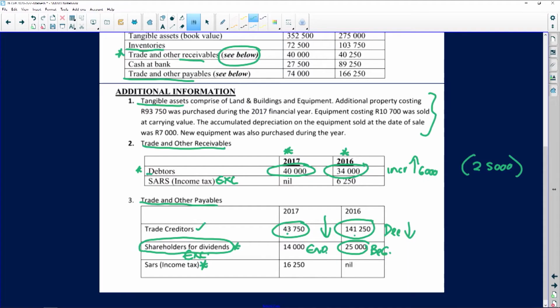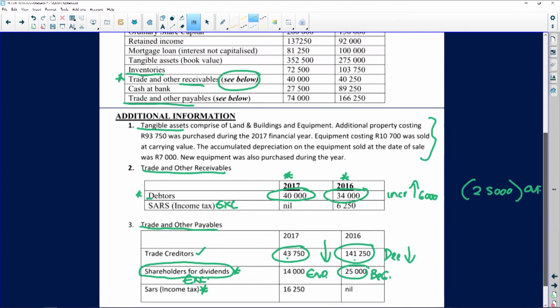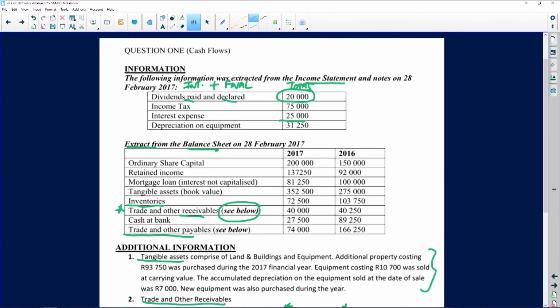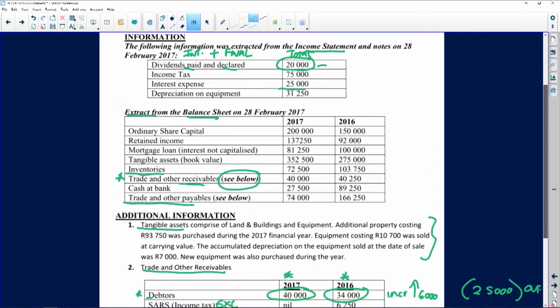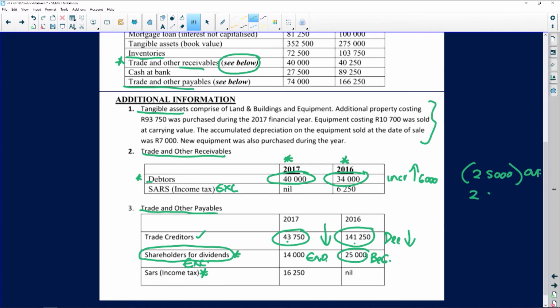So that is an outflow of cash. Then my total dividends for the year was an amount of 20,000, and that expense is also assumed to be an outflow of cash.